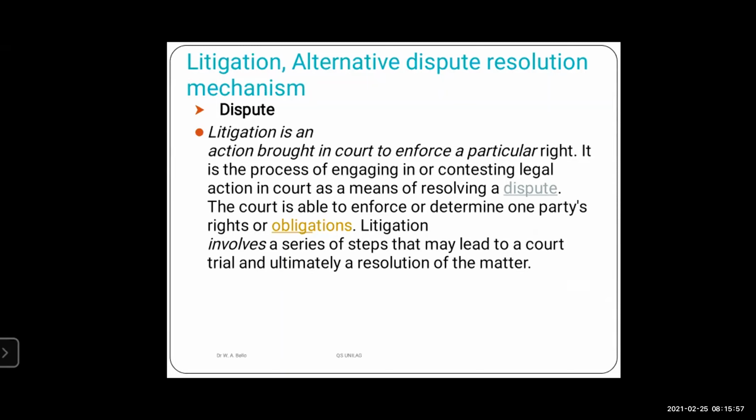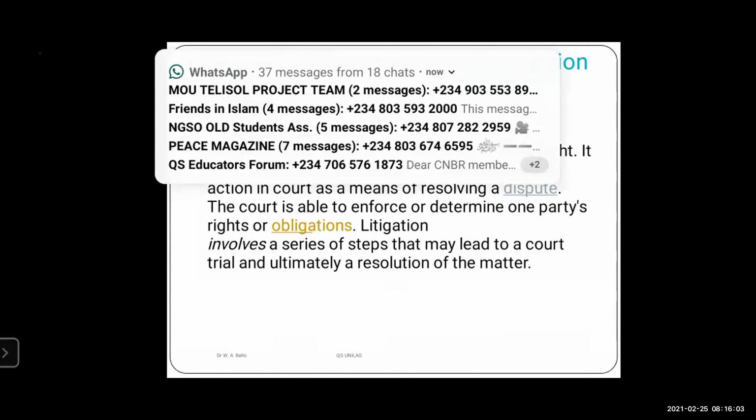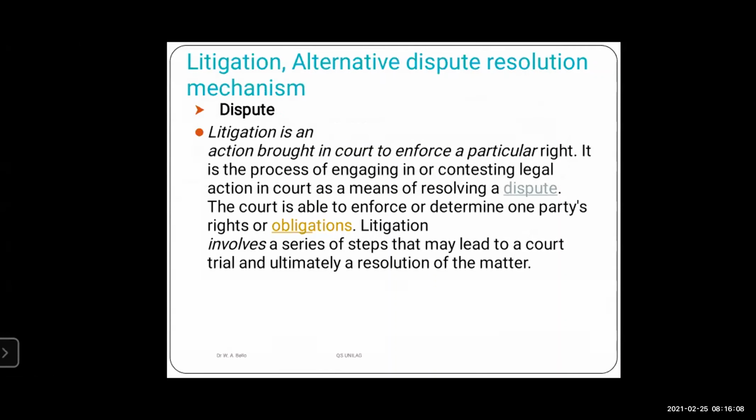So when we talk of litigation, it should be understood as bringing an action to court. When a particular party is trying to enforce rights, you engage the process by contesting your legal rights, and that action usually would be taken care of in a court of law.